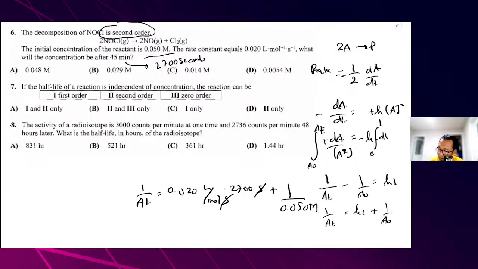so let me, this is 54 plus 0.05. Okay, and then in this case we want to times 0.05, so 54 times 0.05, 2.7.